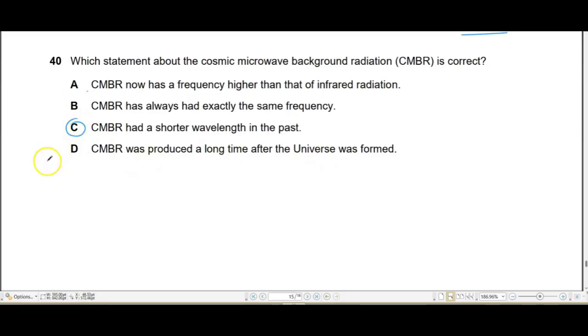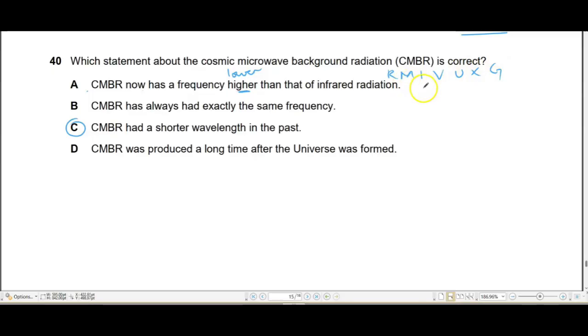And now let's look at the options, that why A, B and D are not correct. CMBR has a frequency higher than, nahi ji, CMBR has a lower frequency than the infrared radiation. You know that infrared is after microwaves.